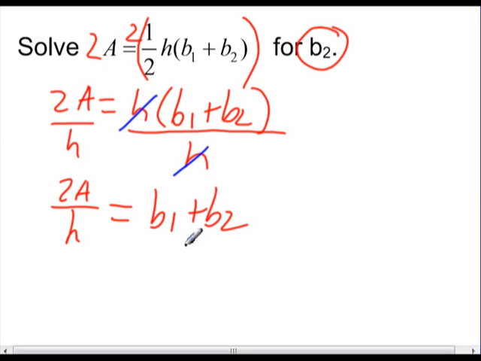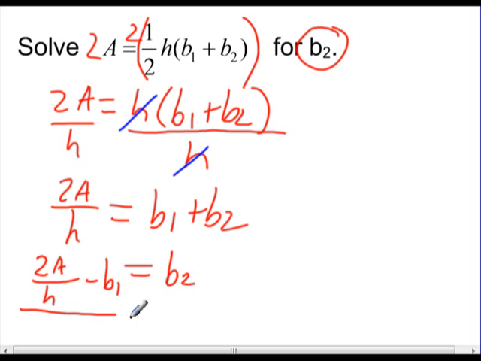And now to get b2 all by itself, we can just subtract the b1 from both sides. So we have b2 equals 2a over h minus b1. And that would be an acceptable way to write your answer.